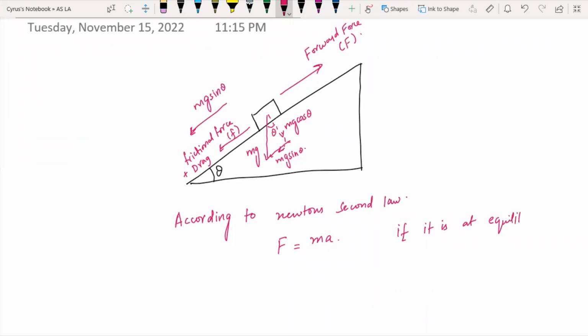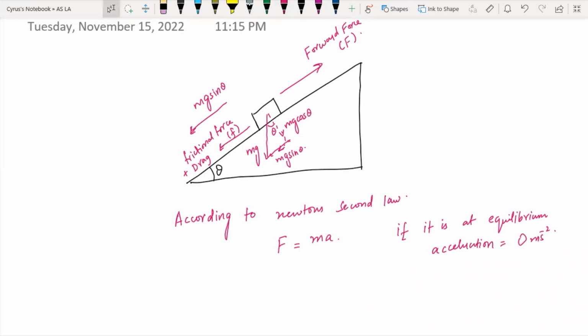If it is at equilibrium, then acceleration is going to be 0, and the resultant force is what? The resultant force is 0.